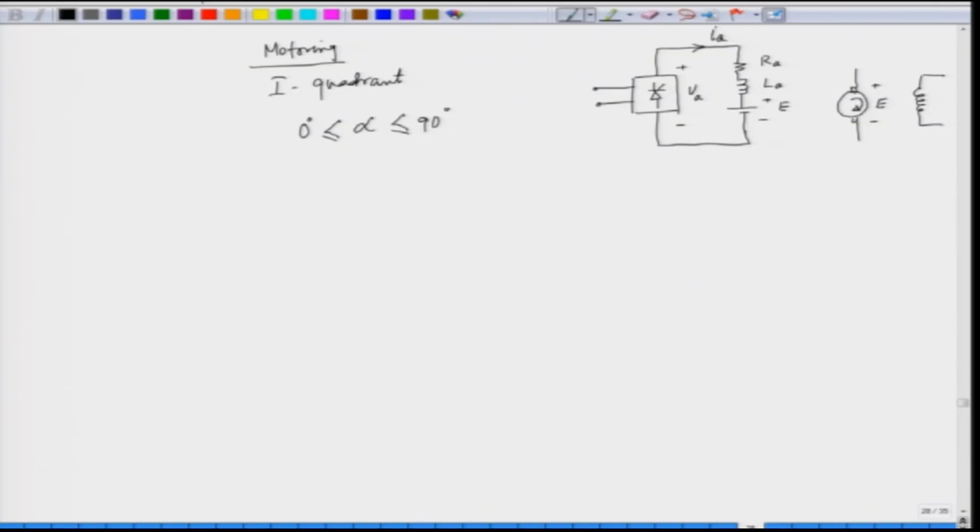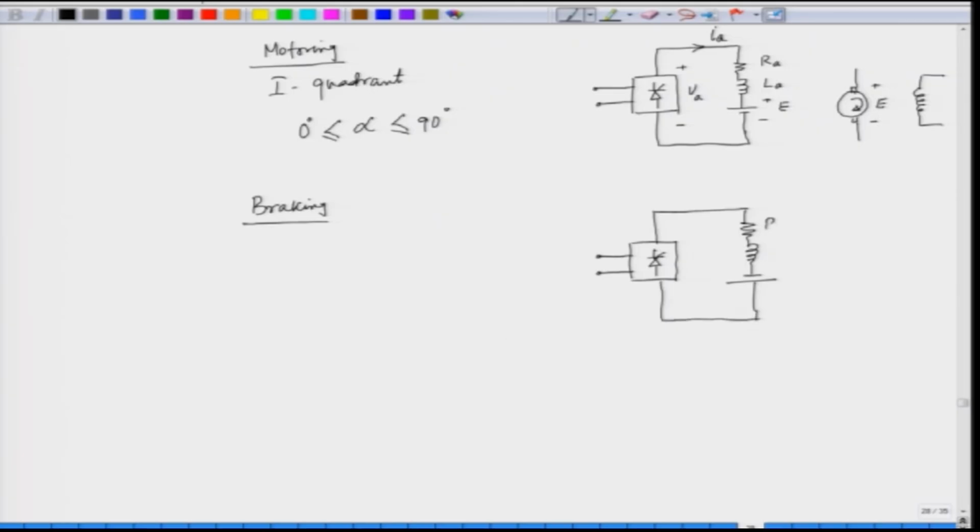Now, we go for braking. When we go for braking we have the same converter here, fed from AC supply, and what about the motor? The motor back EMF has reversed. Unless the back EMF reverses, we cannot have braking operation here.